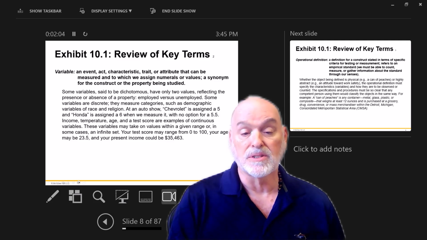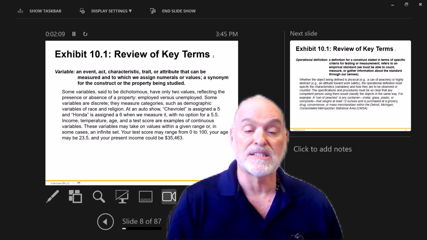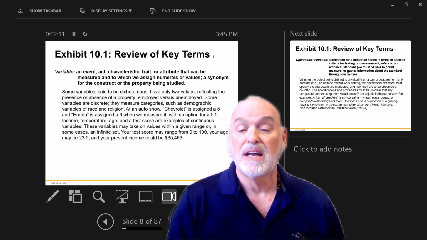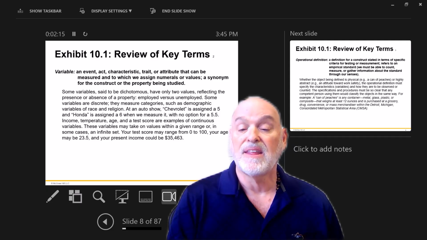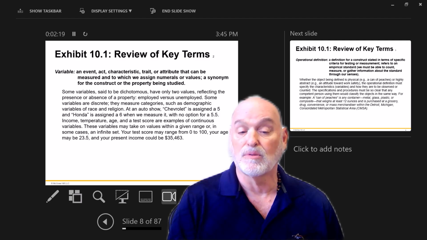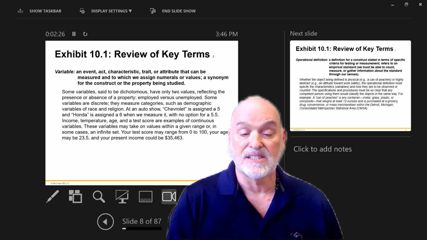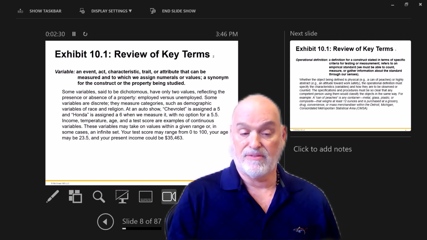Some variables, said to be dichotomous, have only two values, reflecting the presence or absence of a property, employed versus unemployed. Some variables are discrete. They measure categories, such as demographic variables of race and religion. At an auto show, Chevrolet is assigned a 5 and Honda is assigned a 6 when we measure it, with no option for a 5.5.